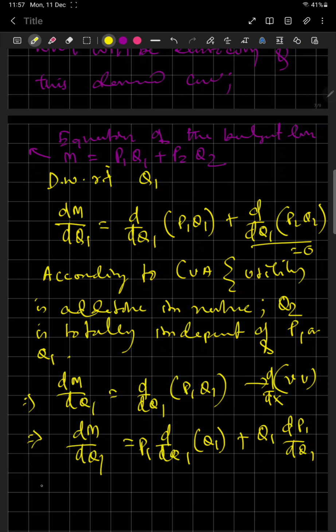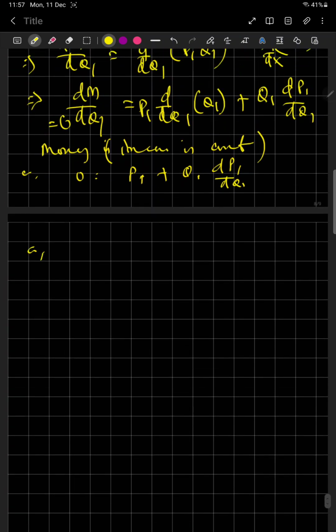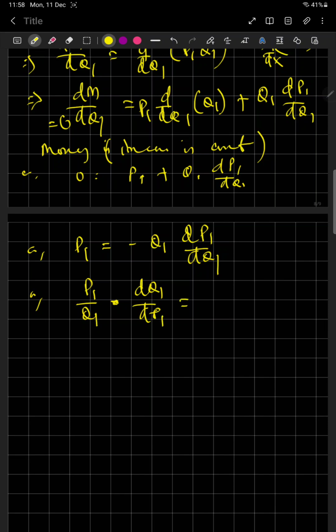Now as money income is constant, this part will be 0, or 0 is equal to P1 plus Q1 into dP1 by dQ1, or P1 is equal to minus Q1 dP1 by dQ1, or I can write P1 by Q1 into dQ1 by dP1 is equal to minus 1.